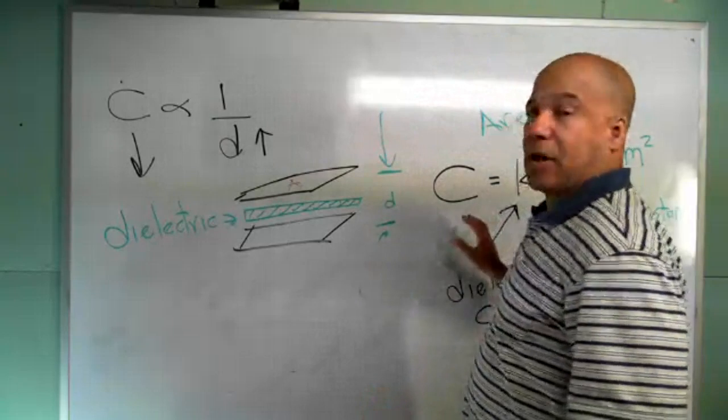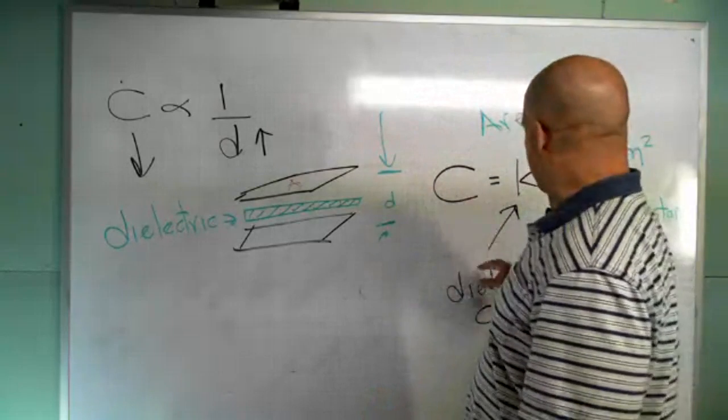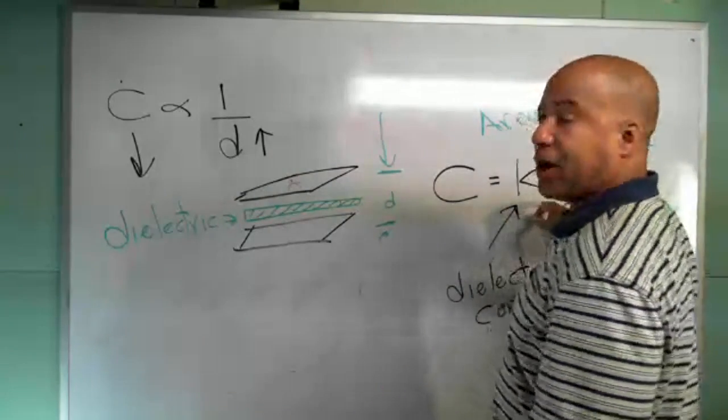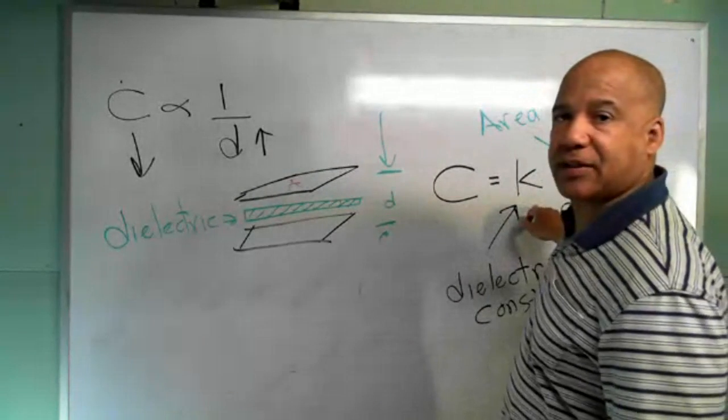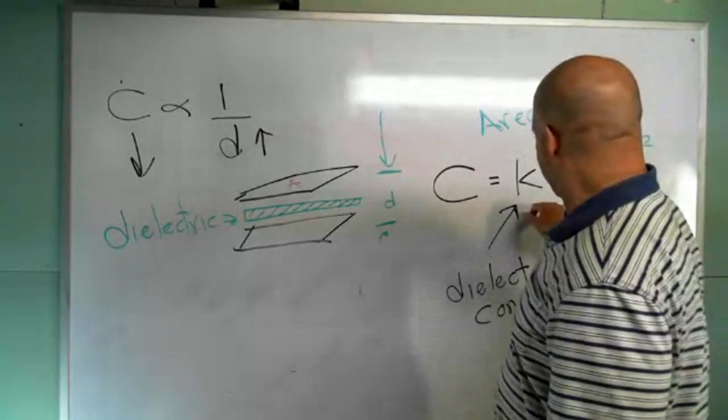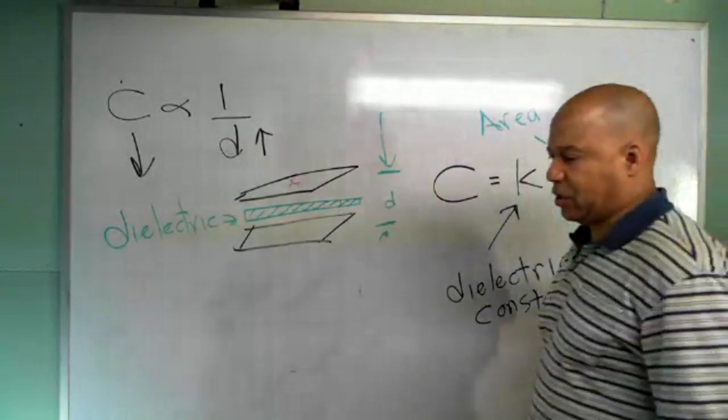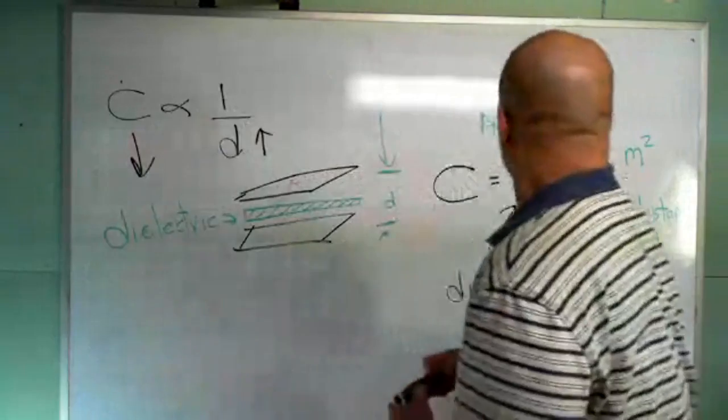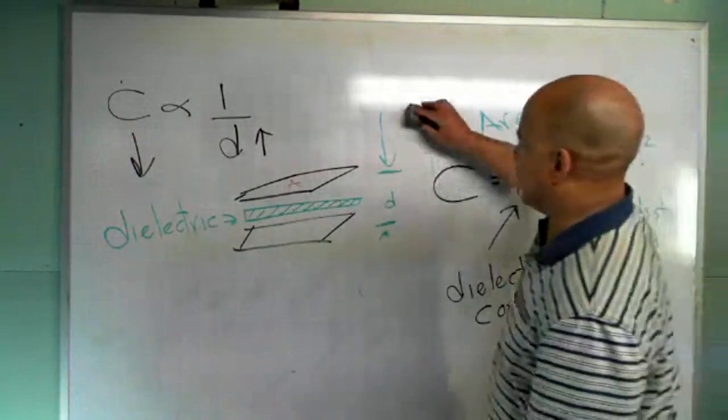So there is a homework problem based on this equation, so I do want to show you how to use it. I need to talk about this dielectric constant, this K, a little bit, because there's a little bit more to it.